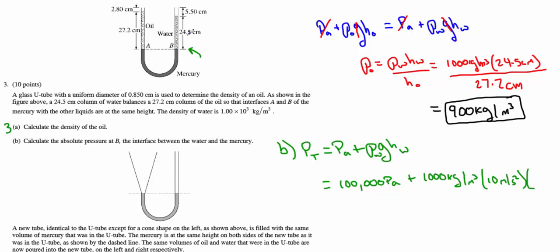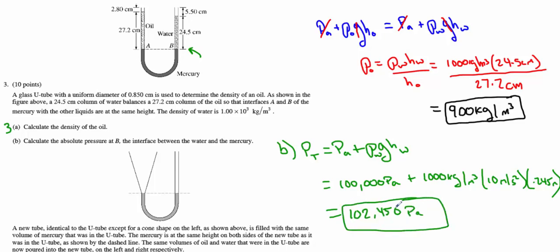There's no other distance value that's going to cancel it out, so it's 0.245 meters. And so that's a total pressure of 102,450 pascals. Part B here was worth a total of 2 points.